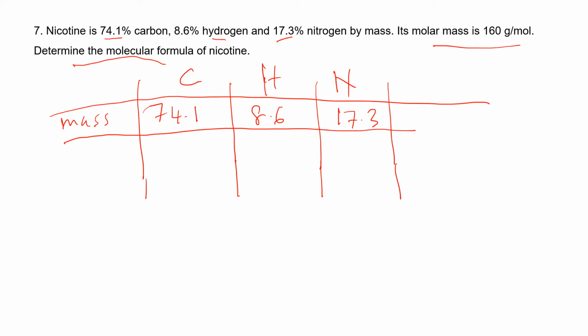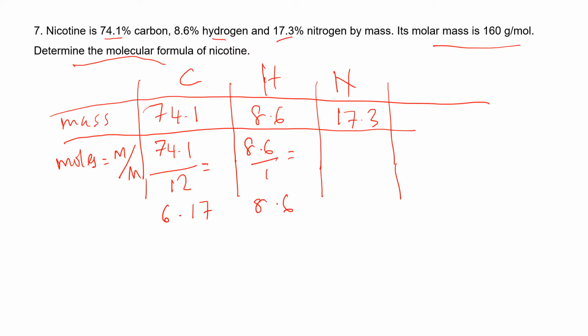Based on the mass, we can get the moles. Moles equals mass over molar mass. So 74.1 divided by 12, you get 6.17. Hydrogen, 8.6 over 1, so you get 8.6.